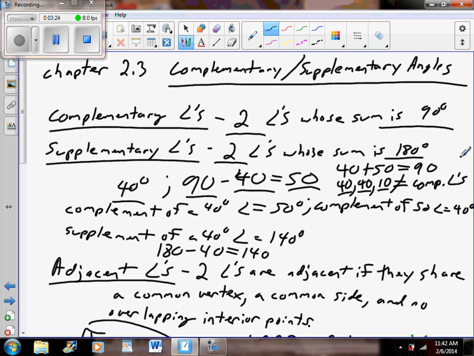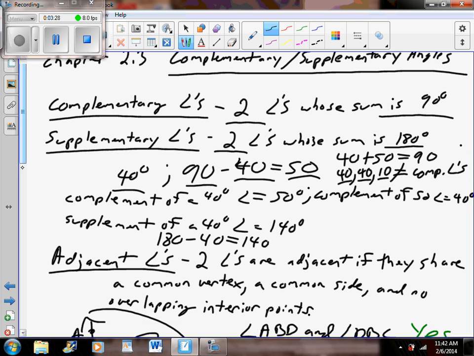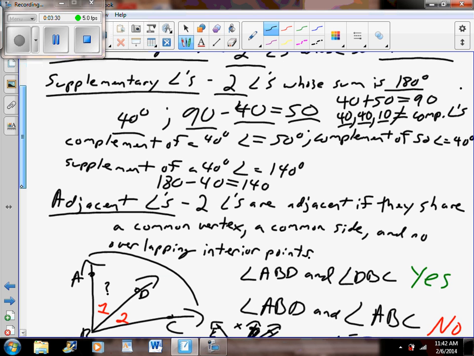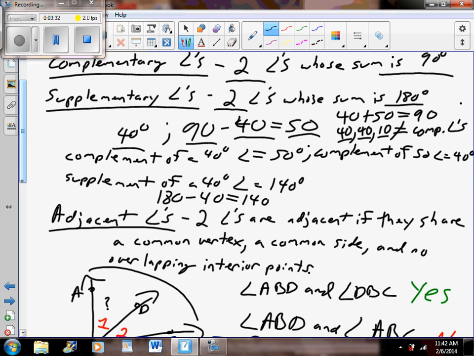Now, another angle pair that we need to become familiar with are these angles that are known as adjacent angles.